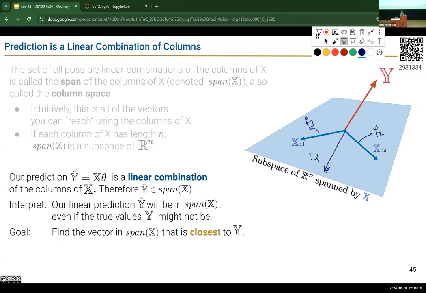But what's happening is that a lot of times this y vector, or the ground truth values, is really not tied to the features. It can be any vector.